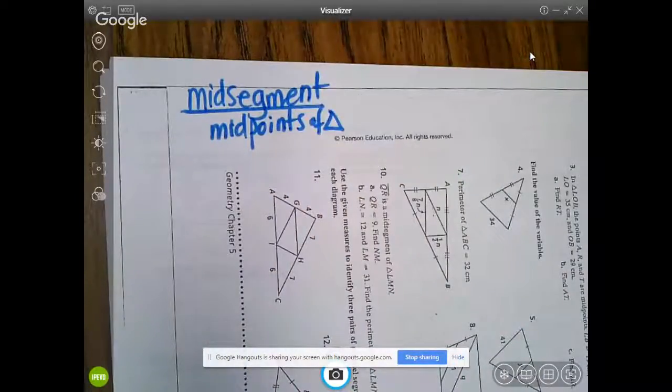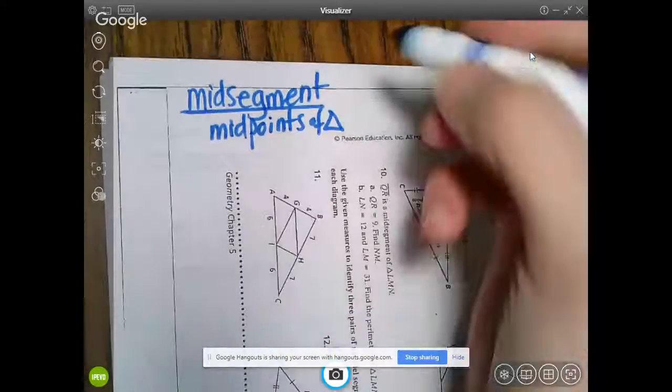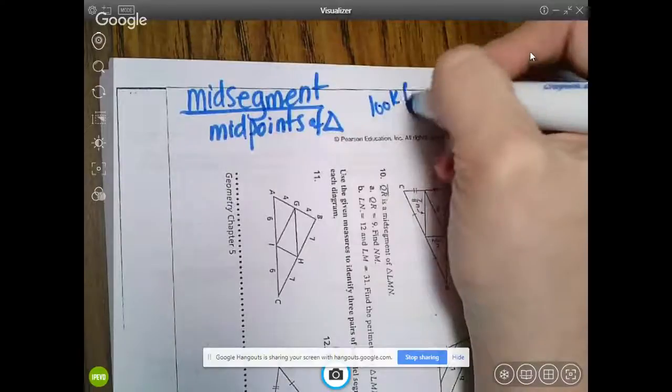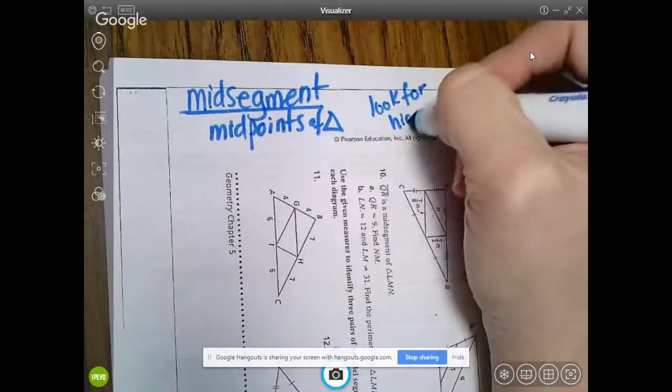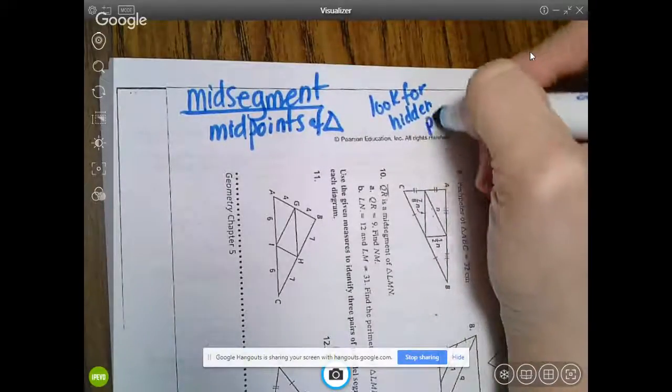Now, when I taught you this before, I taught you to look for the hidden parallelograms. And when you look for the hidden parallelograms, they're a lot easier to figure out.